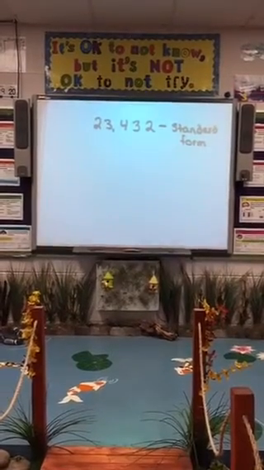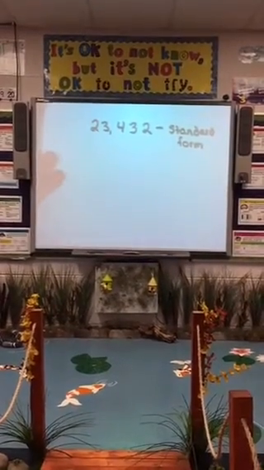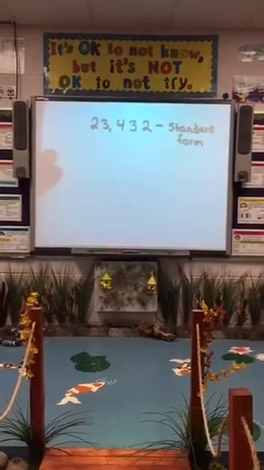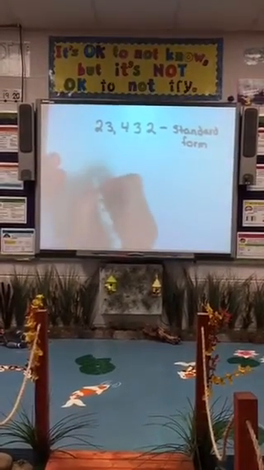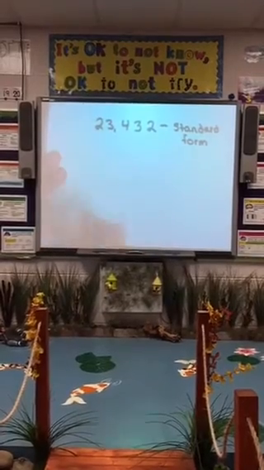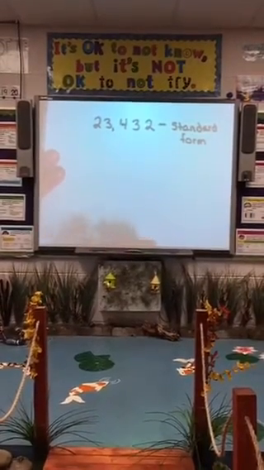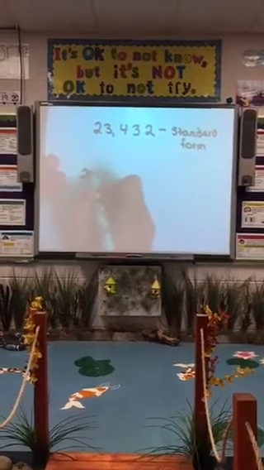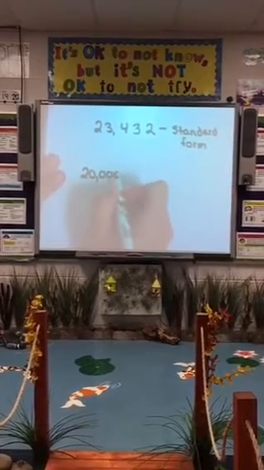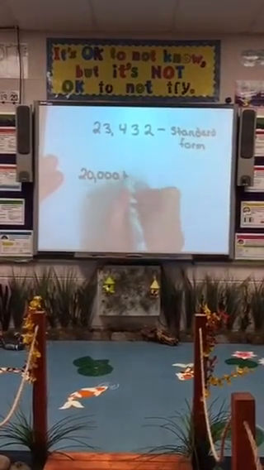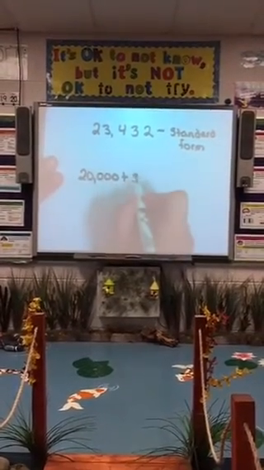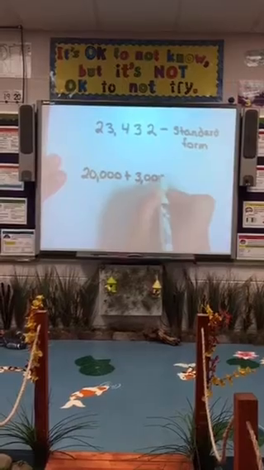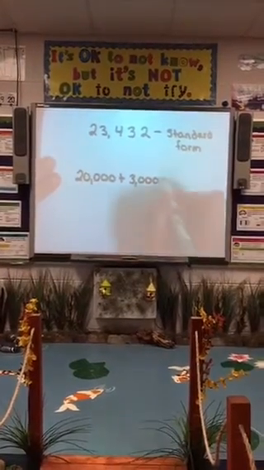Another way that your kids have to write numbers is expanded form. And when you write in expanded form, you write the value of each digit. Okay? So we have a 2 in the 10,000s place. So that is worth 20,000 plus a 3 in the thousands place. The value of that is 3,000 plus a 4 in the hundreds place.